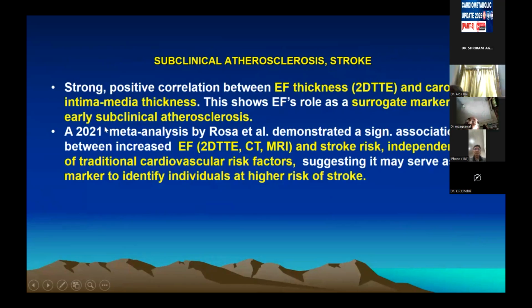There is a meta-analysis using many studies done in 2021, which demonstrated a significant association between increased epicardial fat, using all three techniques, and stroke risk, independent of traditional cardiovascular risk factors, suggesting that epicardial fat may serve as a marker to identify individuals at higher risk of stroke.